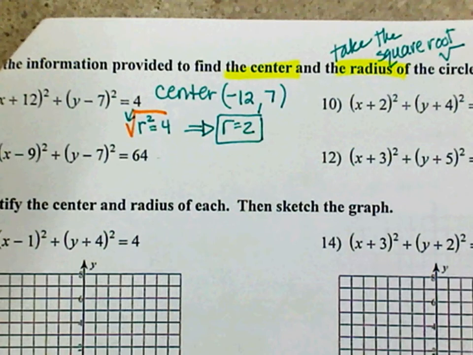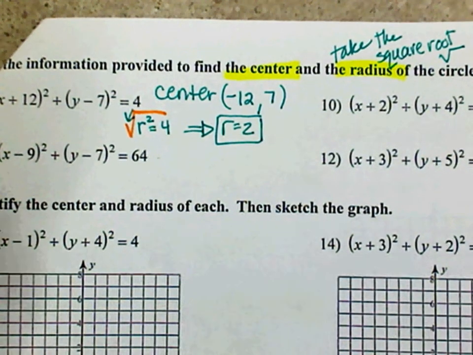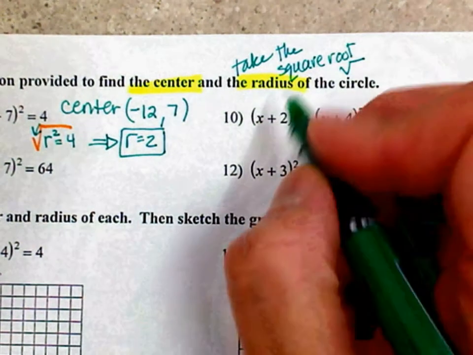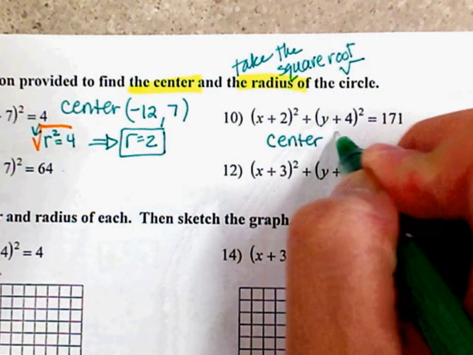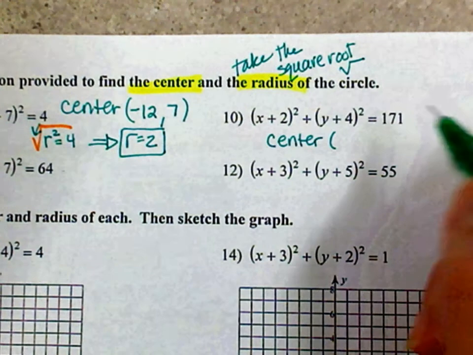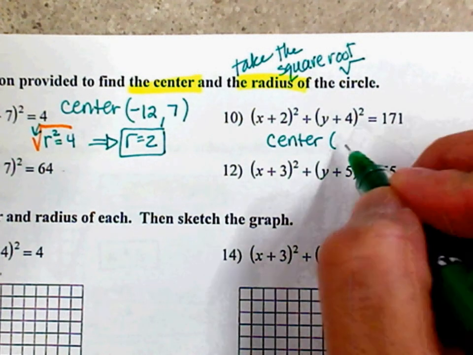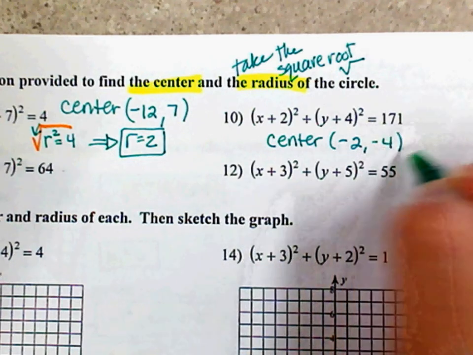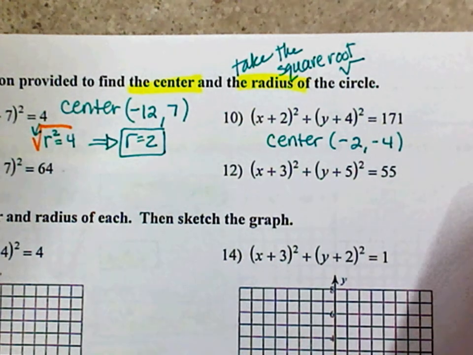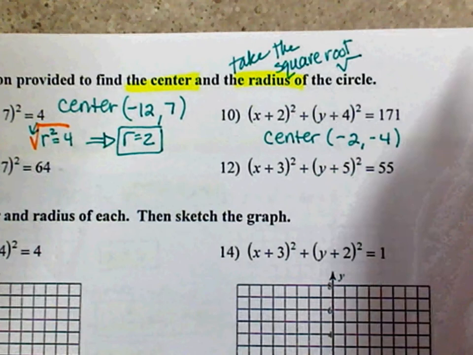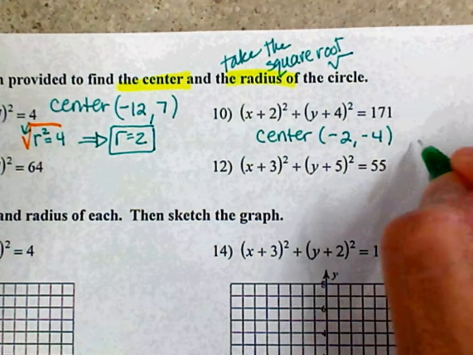All right, try number 10. Tag, tell me what is the center on number 10. -2, -4. Very good. Do you have to have parentheses around them? Yes. Okay? Because it's a point on a graph. Now, your radius, this right here, is an r squared. Correct?